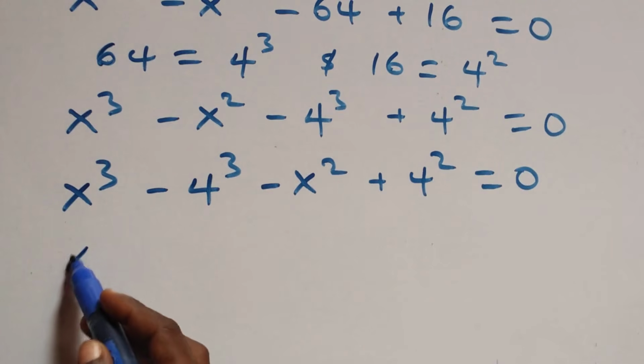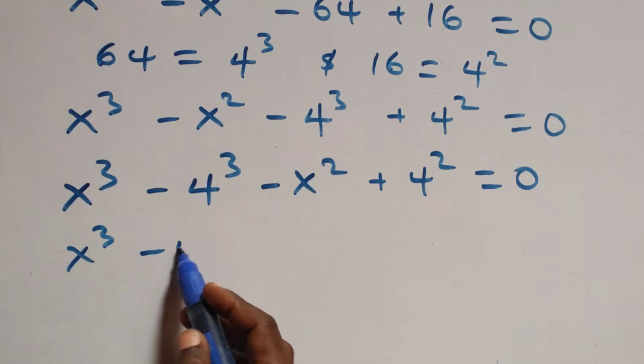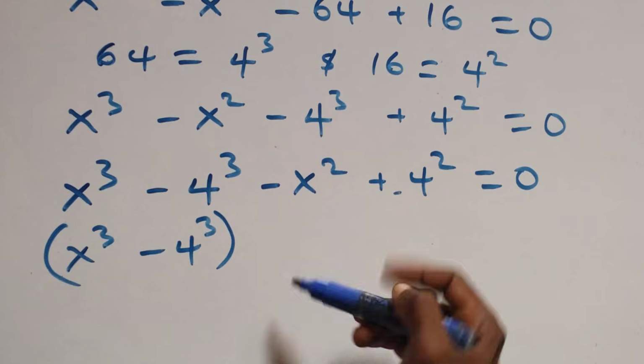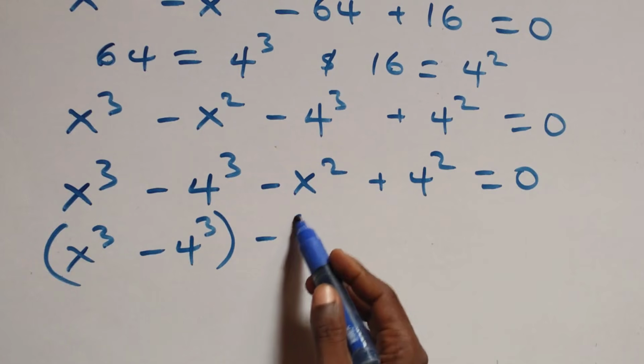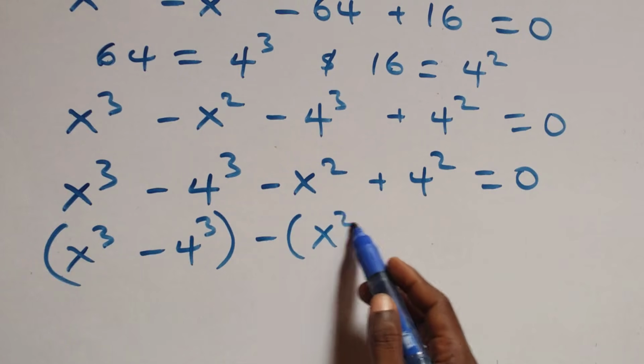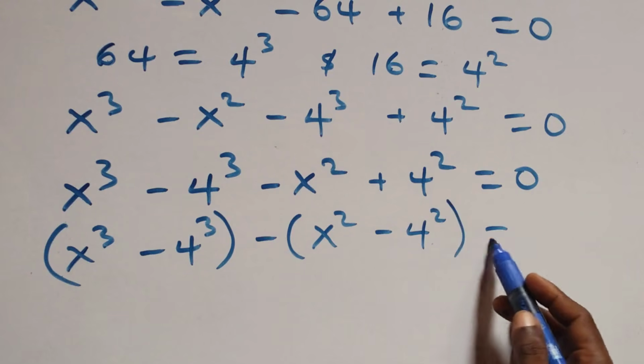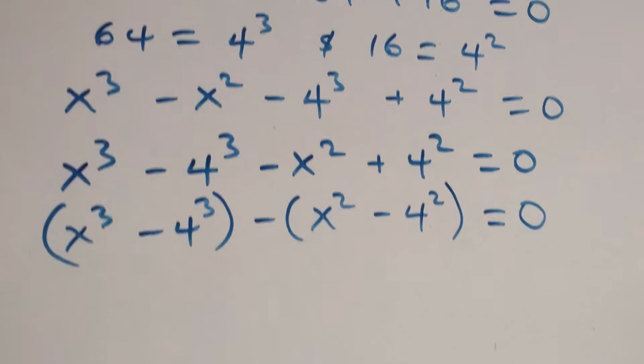Then this is the same thing as x raised to power 3 minus 4 raised to power 3 into brackets. Then here minus is common. Factor it out, we have minus into brackets x raised to power 2 minus 4 raised to power 2, close bracket, equals to 0 here.